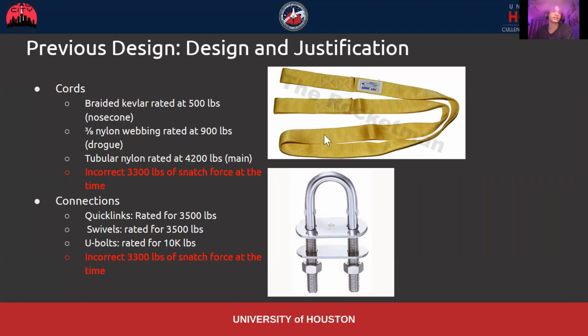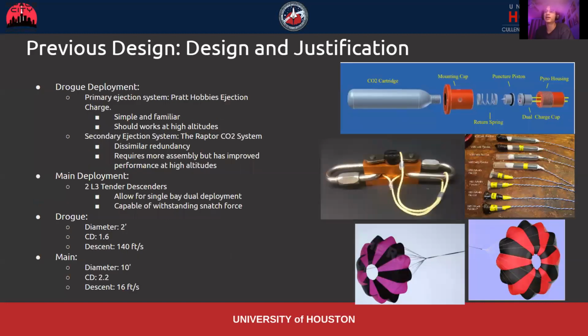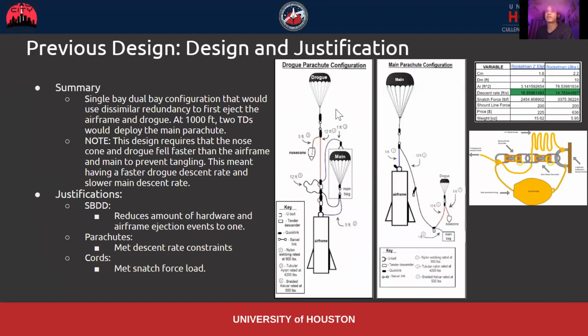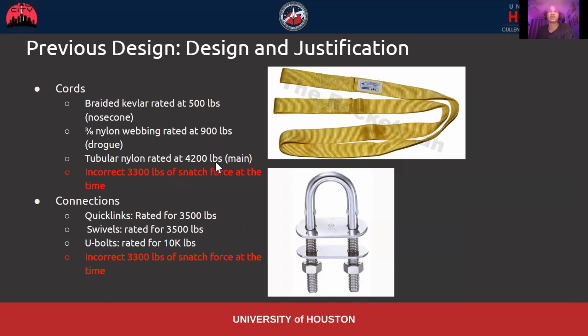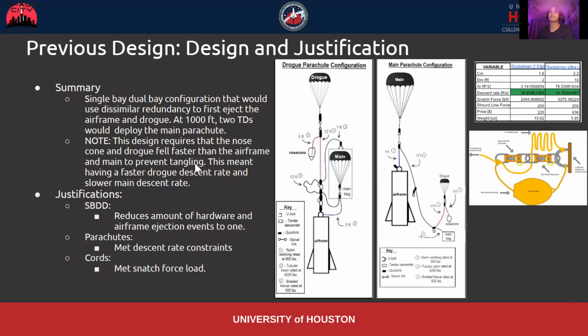The next one was rated for 900 pounds, the 3/8 nylon webbing. And I think that one was meant for the drogue here, like this red one here, since the snatch force for this was 8 pounds, I believe. And then finally, this really, really thick cord, this one here, that's rated for 4,200 pounds. That one was meant to carry the snatch force of the main. So this blue one here.